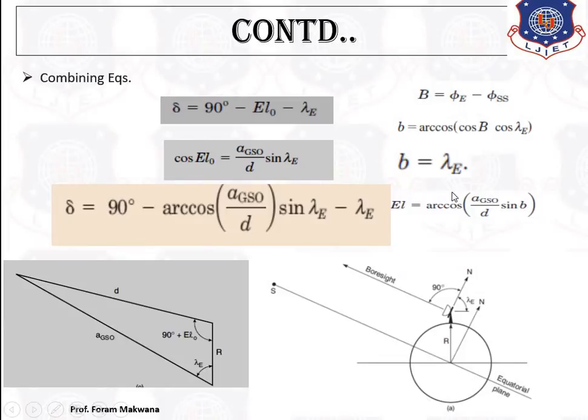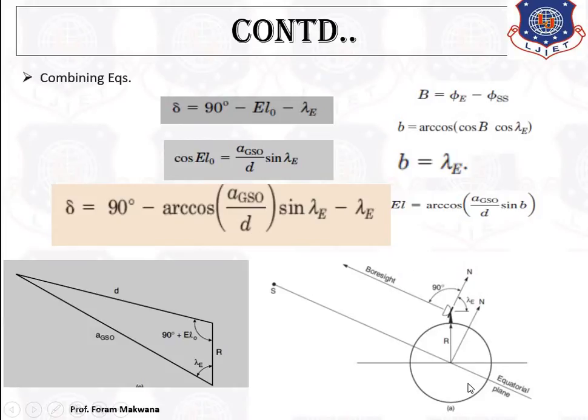It came from the calculation of the elevation angle; we have used the geometry of the plane triangle that we already discussed. So this is the final equation to calculate the angle of tilt.